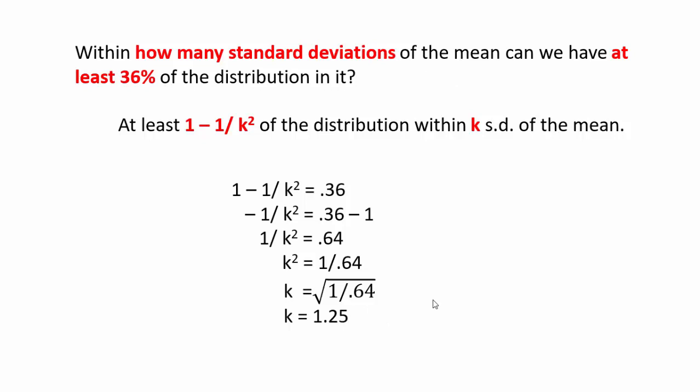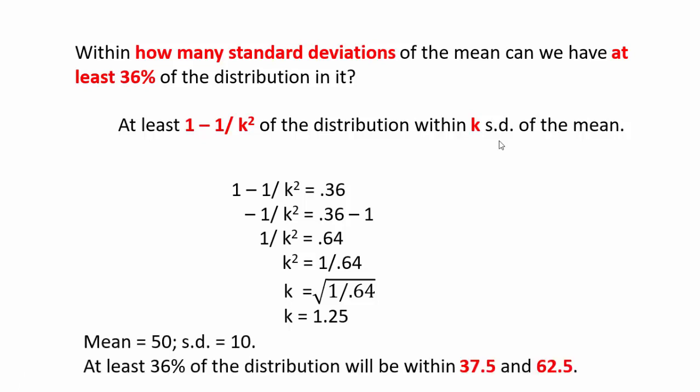distribution. Now this can be applied to any distribution. For instance, if we have a distribution, such as the age of a population, that has a mean of 50 and standard deviation of 10, then at least 36% of the distribution would lie within 1.25 standard deviations of the mean.